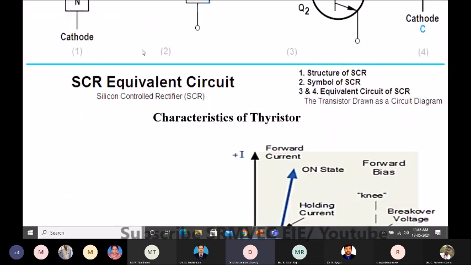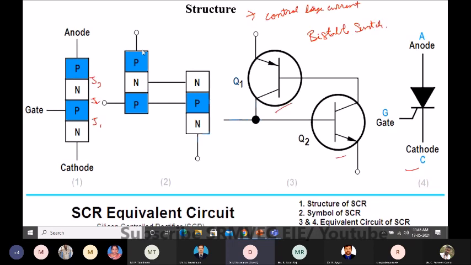Reverse biasing means, when you are applying a supply like this, positive, negative, this will be forward bias according to the power supply. So this junction is also forward bias, and this junction alone is reverse bias. Applying the gate control appropriately, you can control your current in this direction.